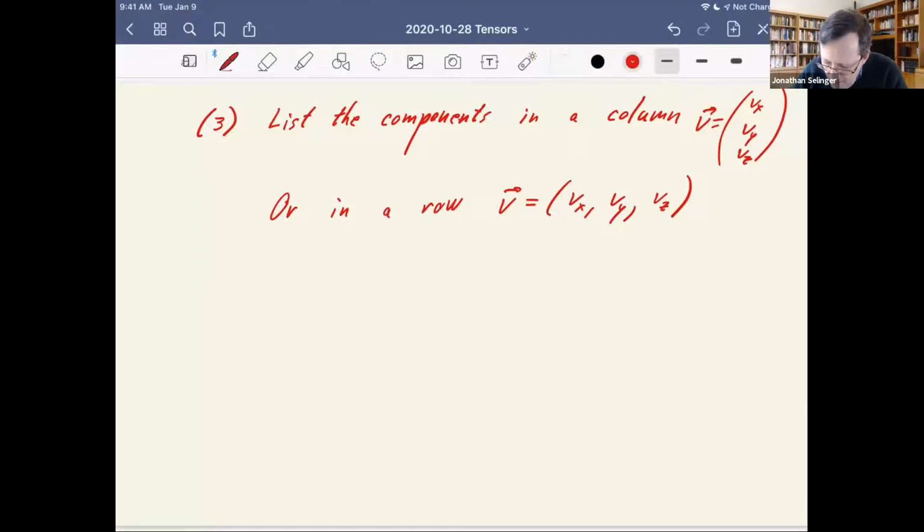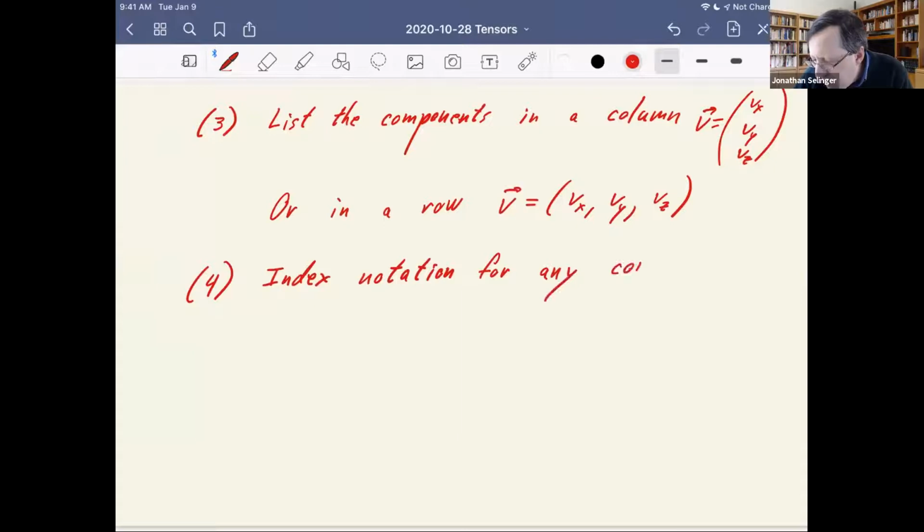And then we could say there's an index notation for any component.